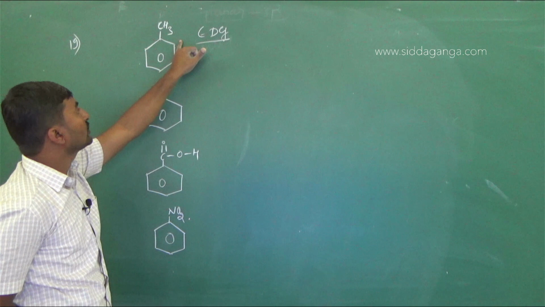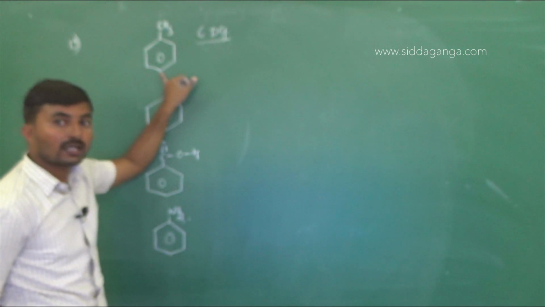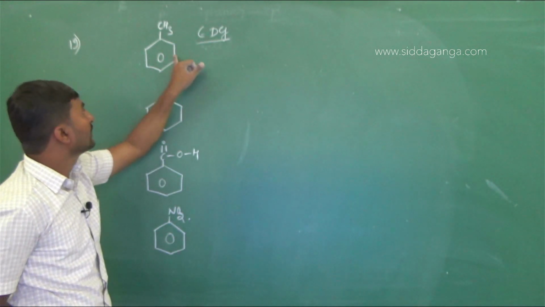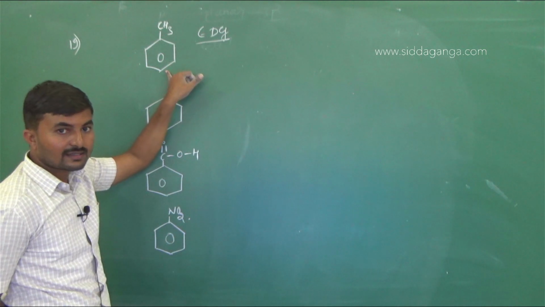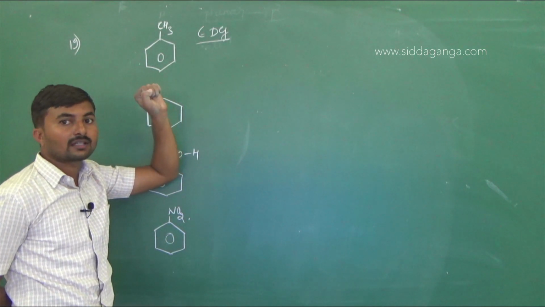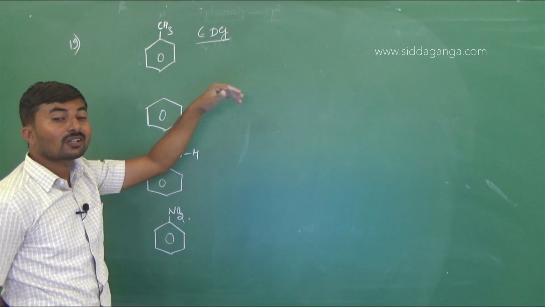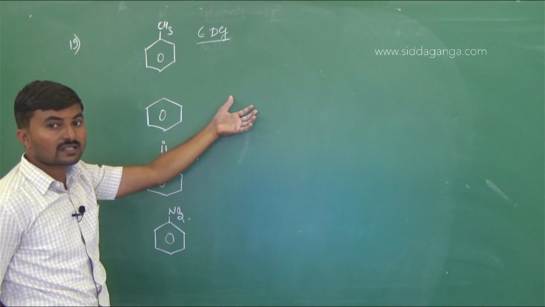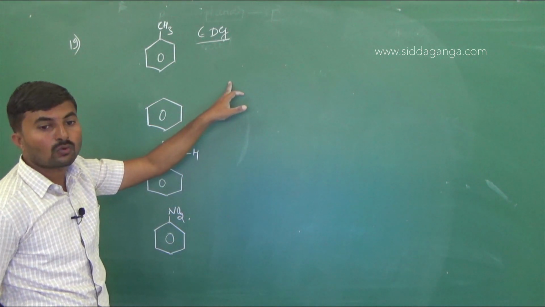The ortho and para positions become more rich in electrons, and because of that electron richness, they can accept the electrophilic species. Electrophilic species like NO2.